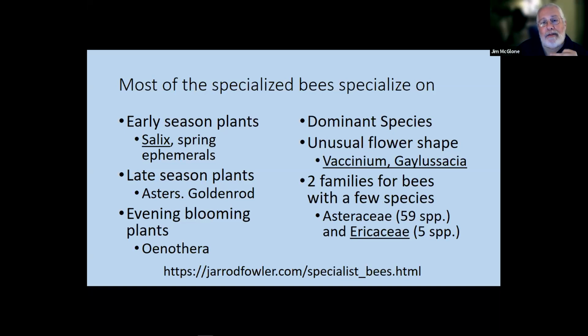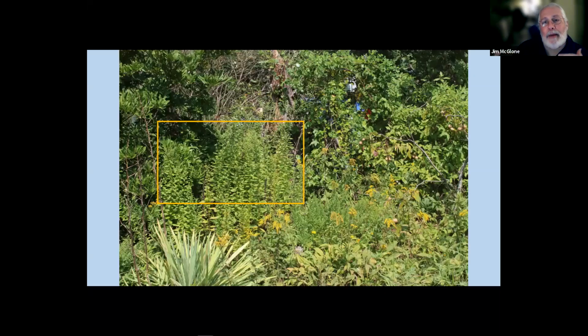We have bees that come out and they use all of the asters that bloom really late in the season, as well as some of the Ericaceae, which would be the heath plants, which would include the blueberries and the blackberries. And just an example of that, when we think about goldenrod, again, this is temporal diversity.